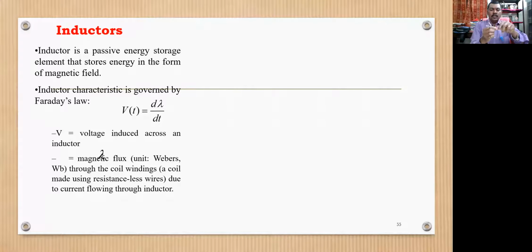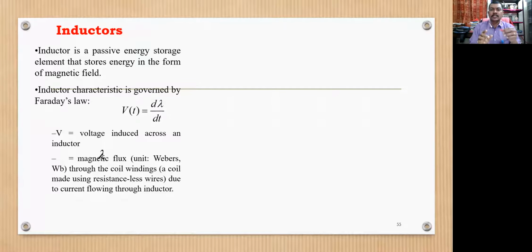So if I make this a coil, if you are able to see my screen, this particular thing is called an inductor. Remember, the simplest definition of an inductor is a wire wound on a non-conducting medium.